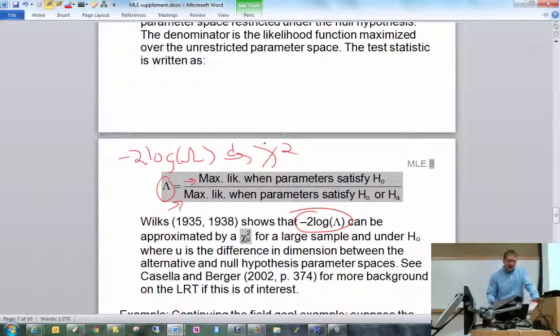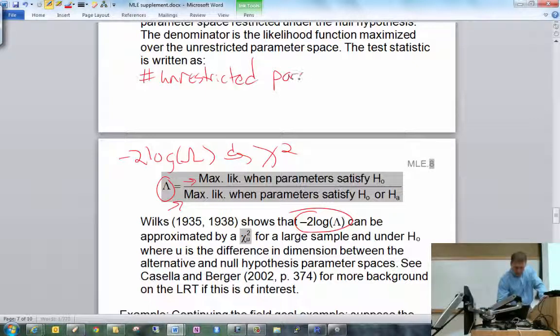And simply the degrees of freedom is this. How did I actually write it? I wrote it out a little bit differently. So the number of unrestricted parameters if HA is true minus the number of unrestricted parameters if H0 is true.